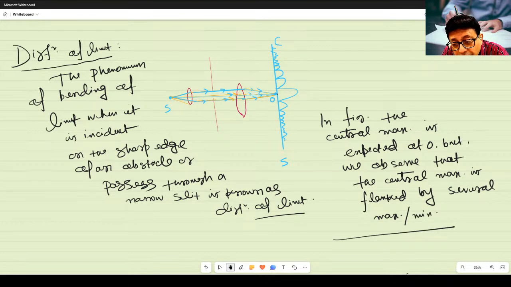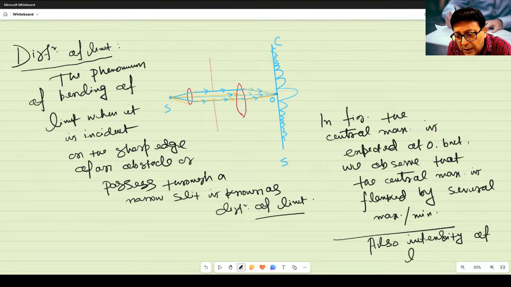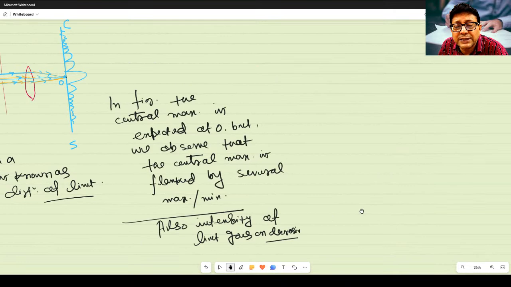And what other phenomenon do you observe? Also, the intensity of light goes on decreasing. Okay, the intensity of light also goes on decreasing.